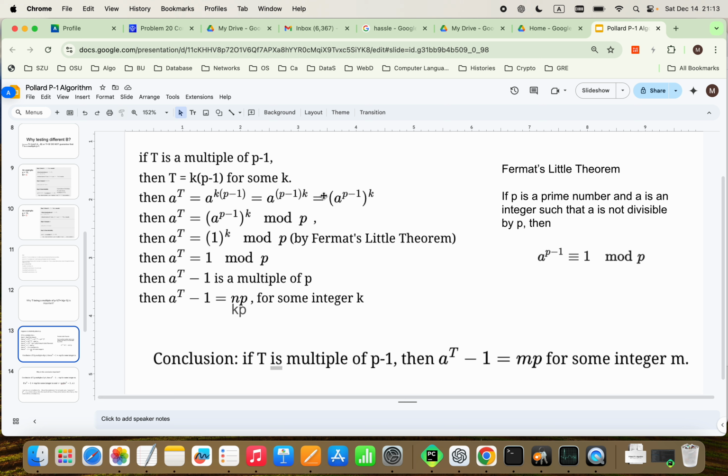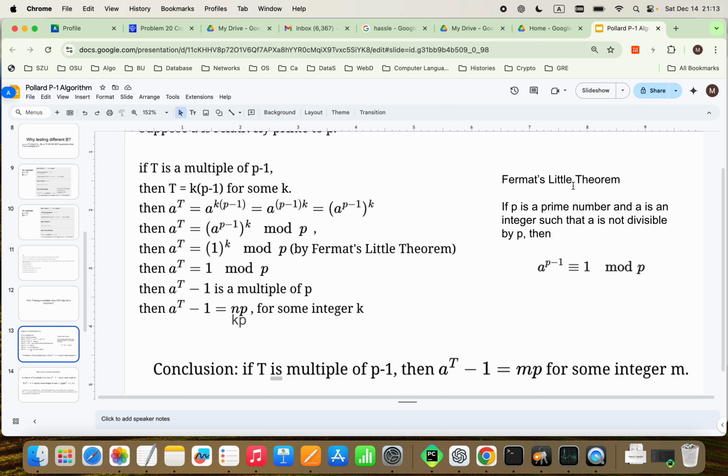After it becomes like this, we can apply Fermat's Little theorem. Fermat's Little theorem says if p is a prime number and a is an integer such that a is not divisible by p, then a to p minus 1 equals 1 mod p.